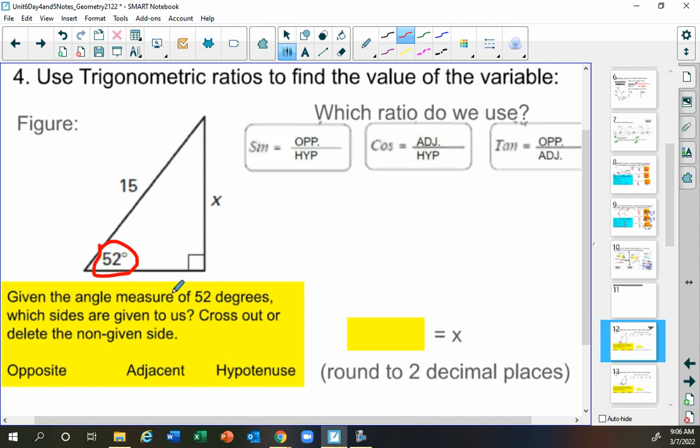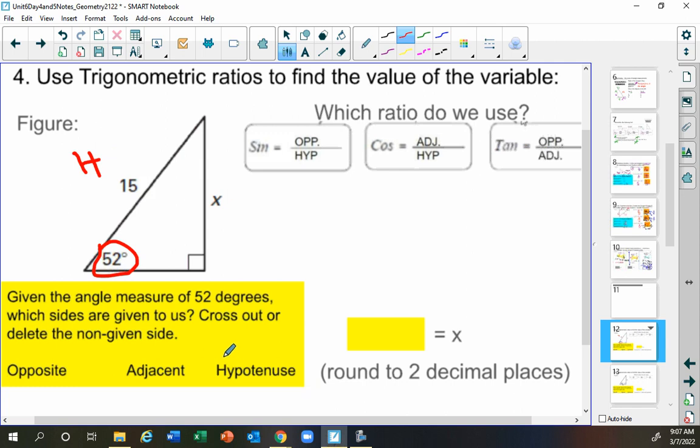There's the 52-degree, right? Now, what we need to figure out is what is given to us. Like, what sides of the triangle have something? Now, obviously, the 15 represents the, that's a hypotenuse.